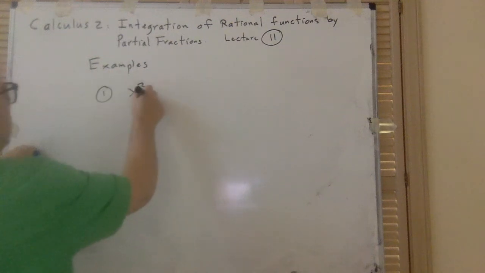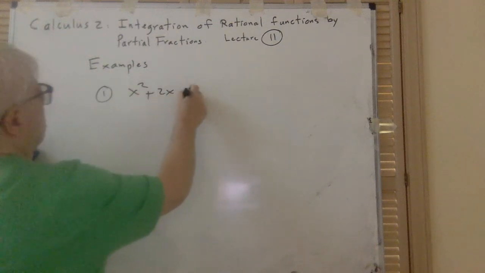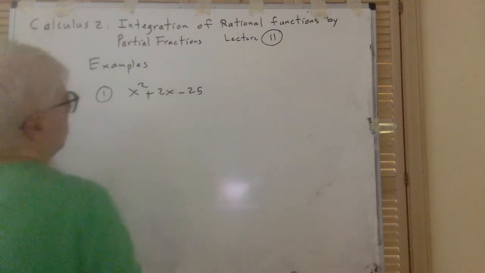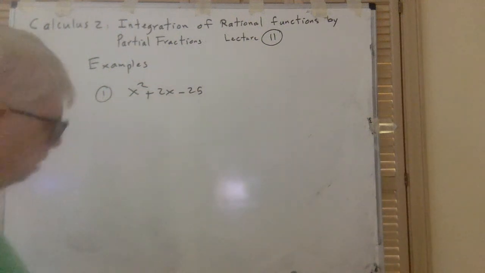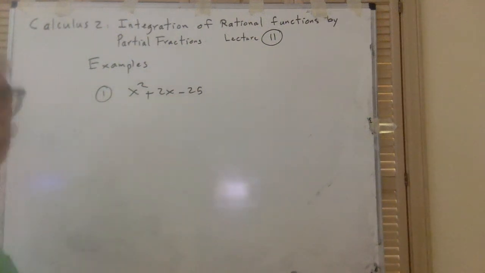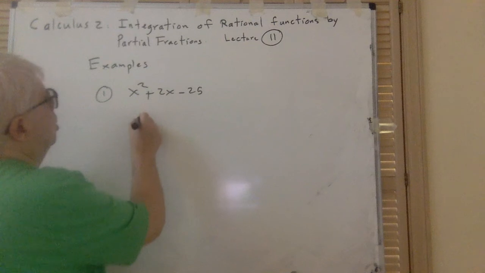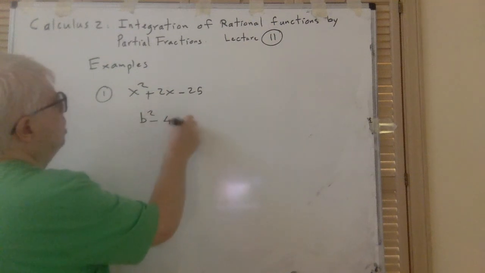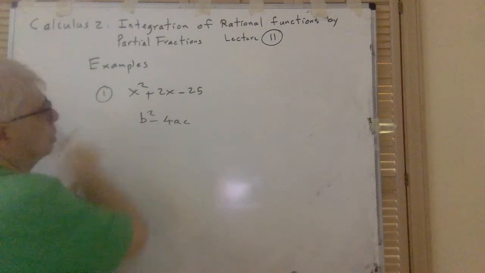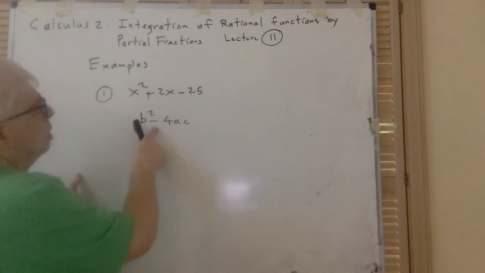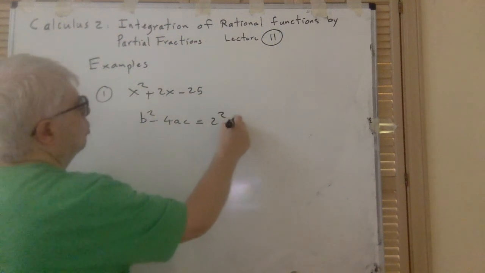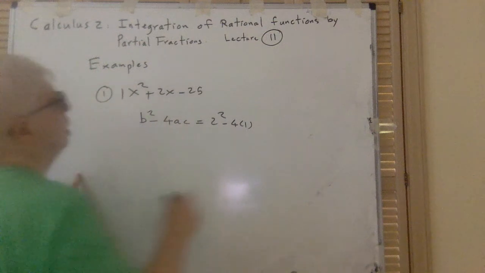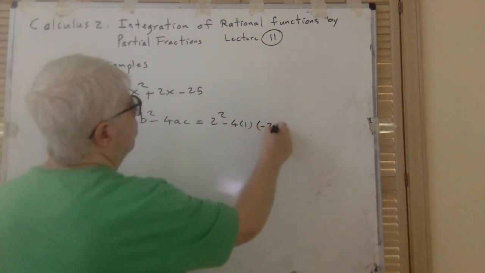So x squared plus 2x minus 25, something. Whenever this constant term is negative, it has real roots. Why? Just look at b squared minus 4ac. If a is positive and c is negative, then minus 4ac will be positive. So look, this is 2 squared minus 4 times 1 times minus 25, right?